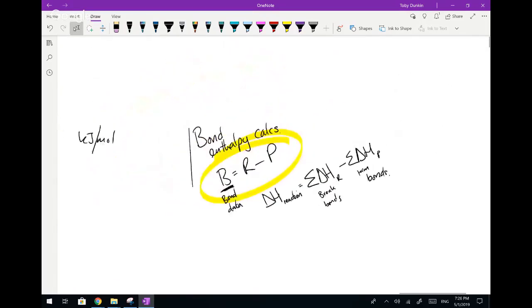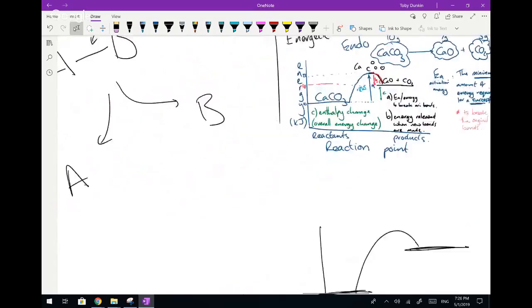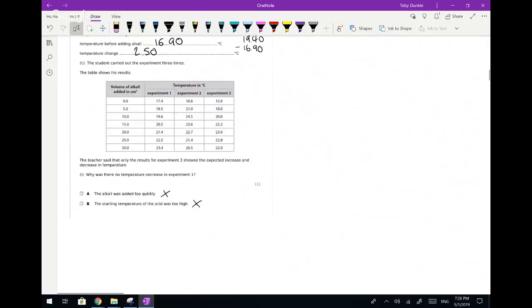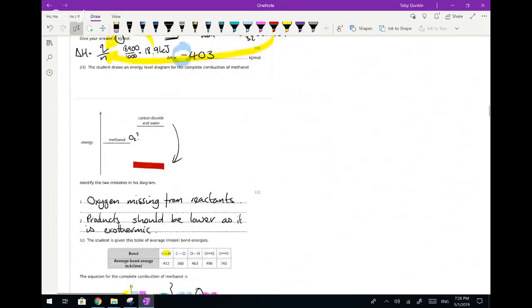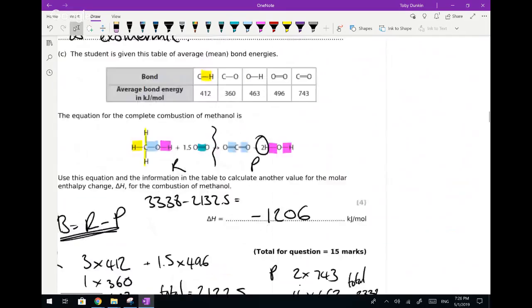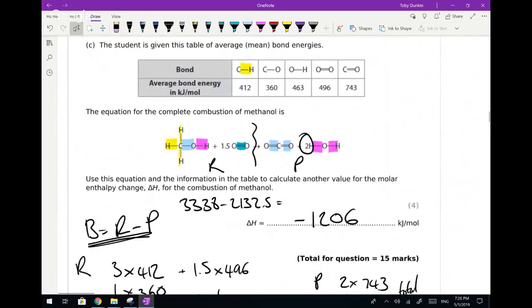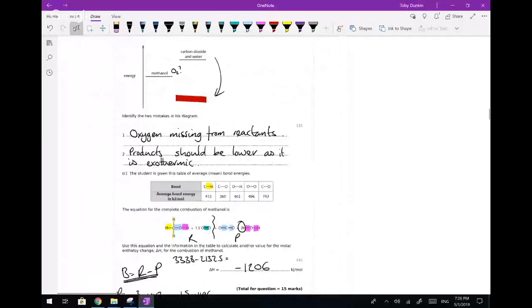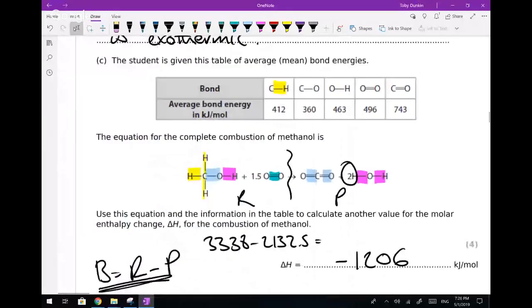Right. And at this point, I'm going to drop over to our preliminary work, because in order for me to do this, I need data and I need a question. But it's nice that I gave you a few of these in the booklet. So immediately I get you to focus on the data.